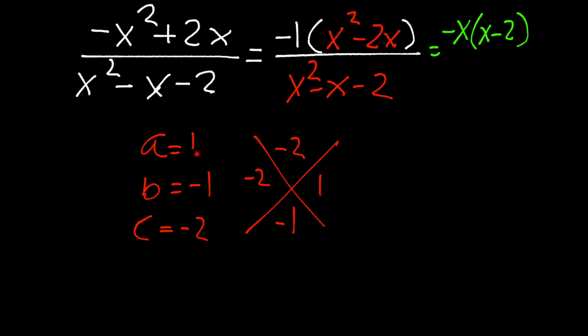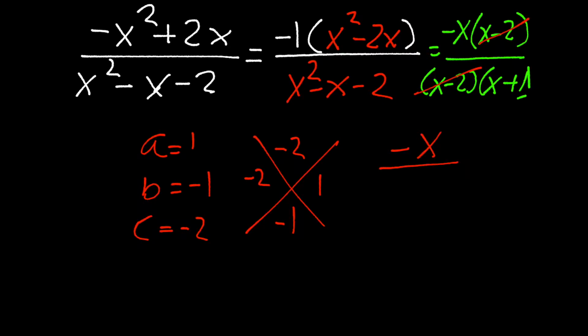And since a is 1, we don't have to do the division step. So my factors are x minus 2 and x plus 1. Notice that we have x minus 2 on top and on bottom, so those will cancel out. And in the end, we're going to have negative x on top, that's the only thing left, over x plus 1.